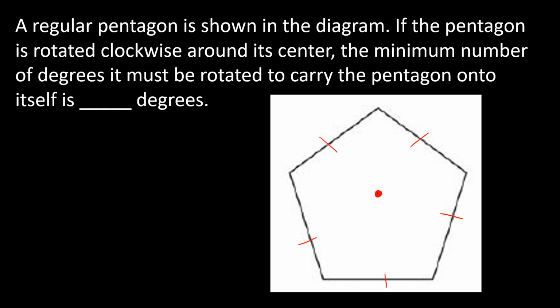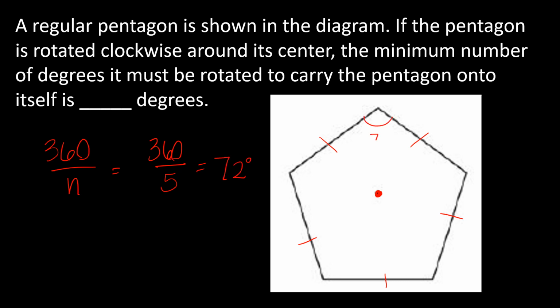So that is the perfect classification of using these 360 degrees divided by the number of sides. So we know that we have 360 degrees, and we're going to divide it by 5. If I divide 360 degrees by 5, I get 72 degrees.